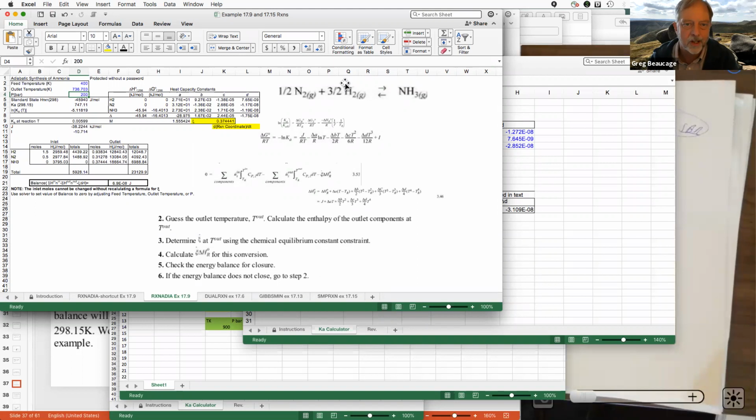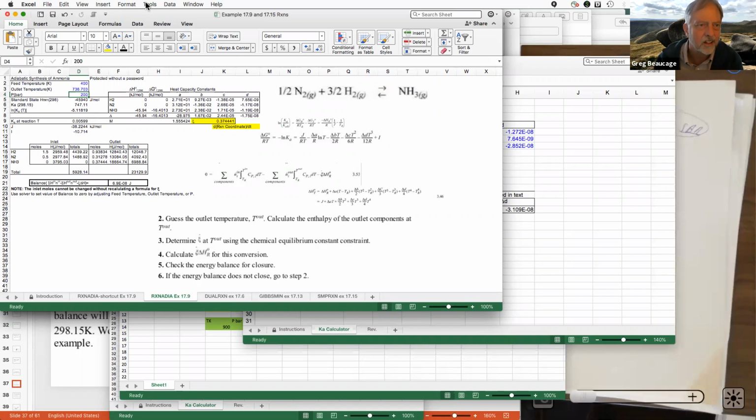So it's 0.5, 1.5, then 1 for the stoichiometry. Here, 1.5, 0.5, 0, because there's no ammonia at the start. Those are the number of moles at the start. So it starts with a stoichiometric mixture. And then the nus are just put into the equations.